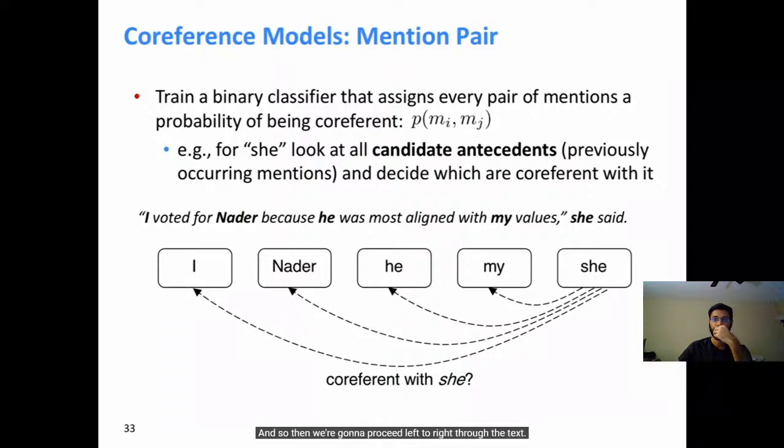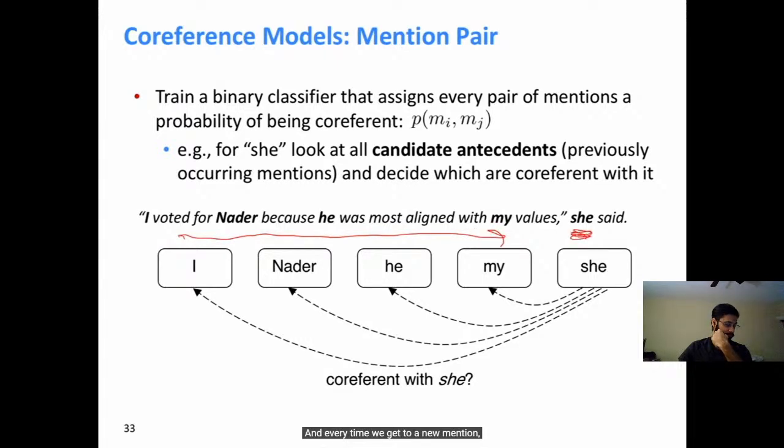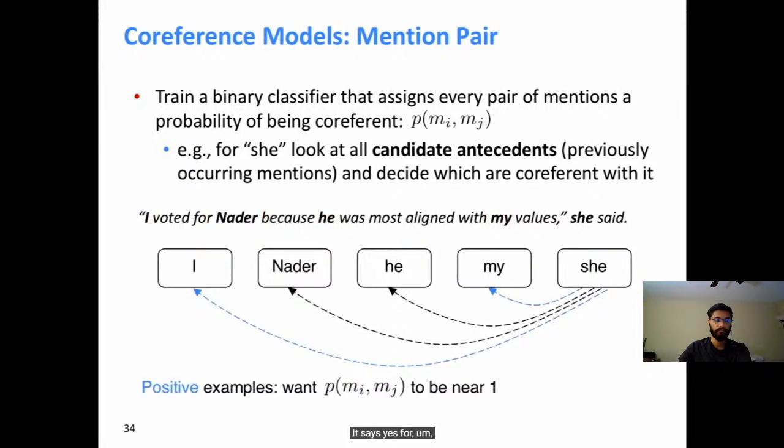And so then we're going to proceed left to right through the text, and every time we get to a new mention, we're going to evaluate our classifier with respect to every preceding mention, and say, are they coreferent? And it's going to say yes or no, and we're going to find out that for some of them it says yes.